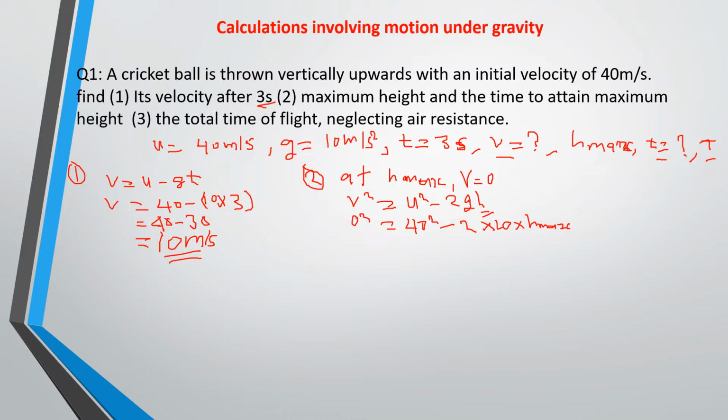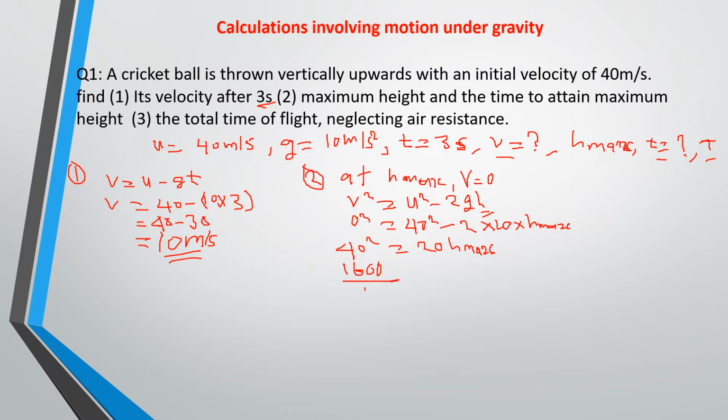If you work this out, you are going to have 40 squared is equal to 20 h max. So divide both sides by 20. The square of 40 is 1600.